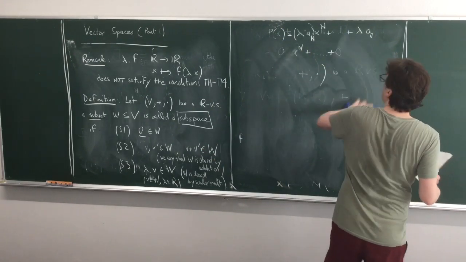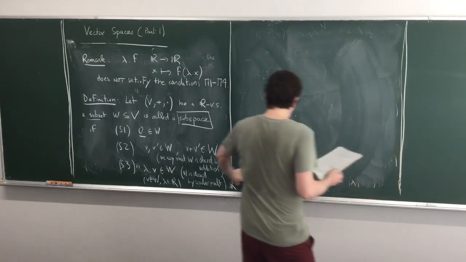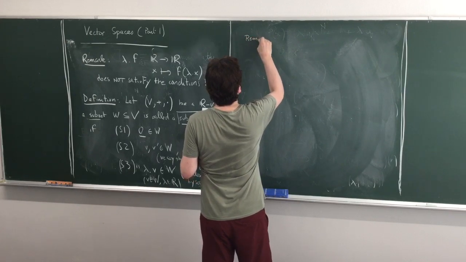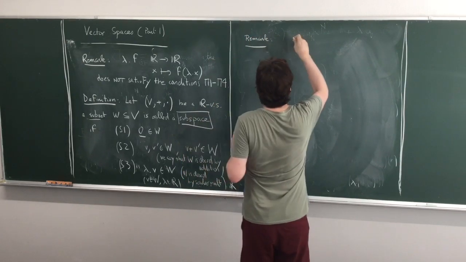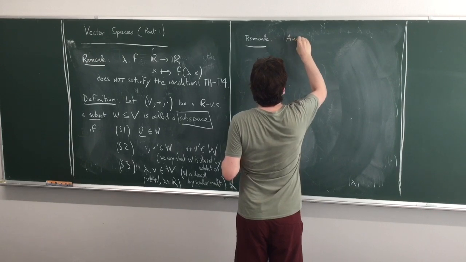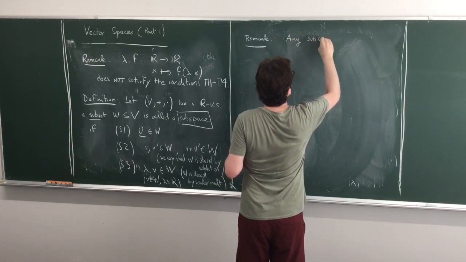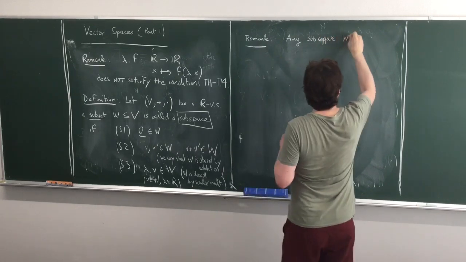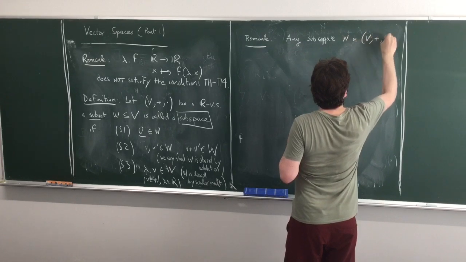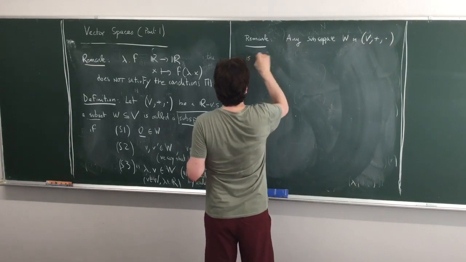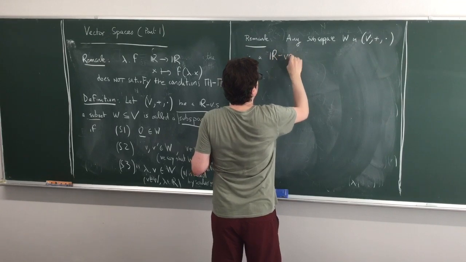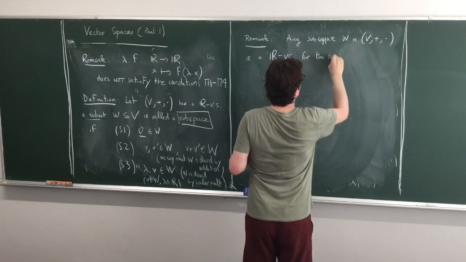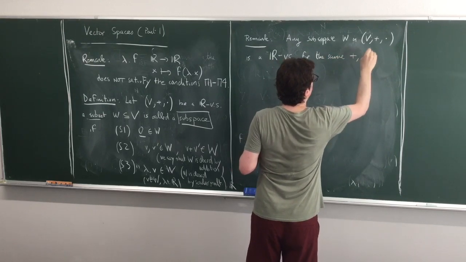Now, the nice thing about subspaces is the following. Remark: any subspace W in V is an R vector space for the same plus and dot.